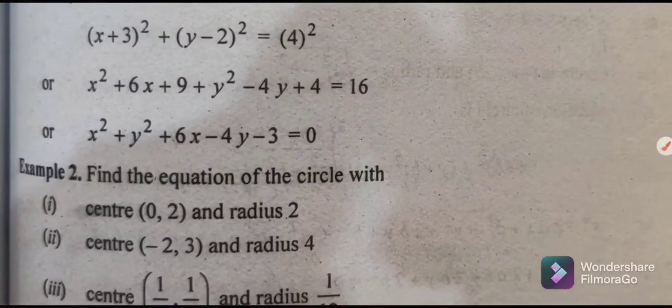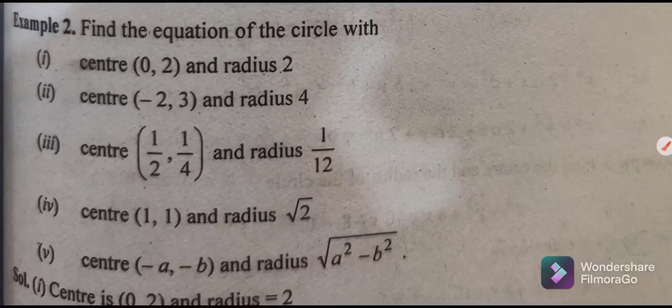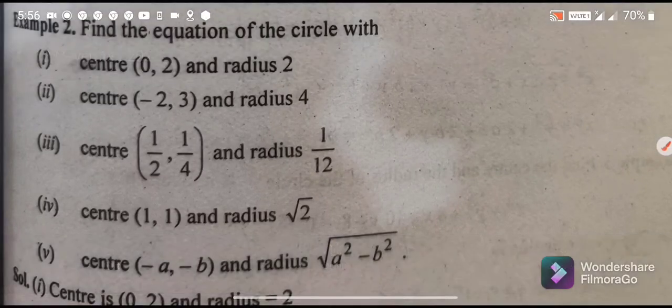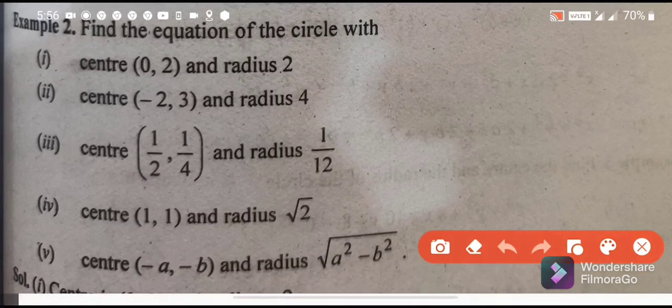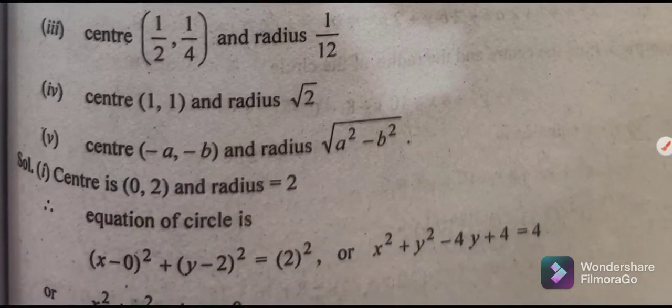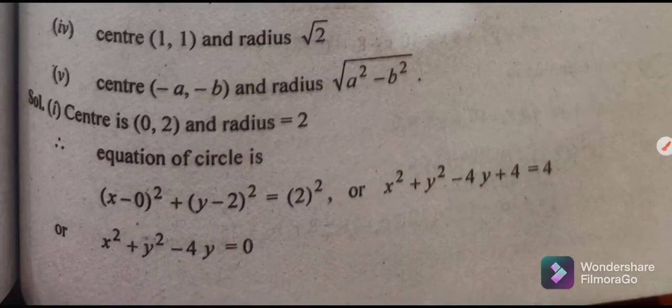Next question: find the equation of the circle with center (0, 2) and radius 2. Now h is equal to 0 and k is equal to 2. Now by using the equation of the central form of circle: (x minus h) square, h is equal to 0, plus (y minus k) square, k is given 2, and radius is given 2 square, or x square plus (y minus 2) square equals 4.